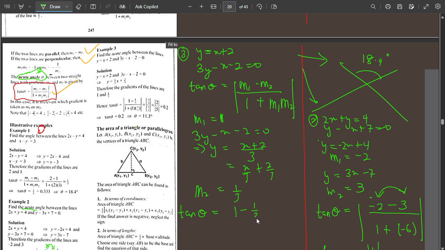So 1 minus 1 over 3, all over 1 plus their product, that's 1 over 3. If you punch this into the calculator, you get 0.2. So theta is tan inverse of 0.2, and that is 11.3 degrees. Perfect. So we are done.